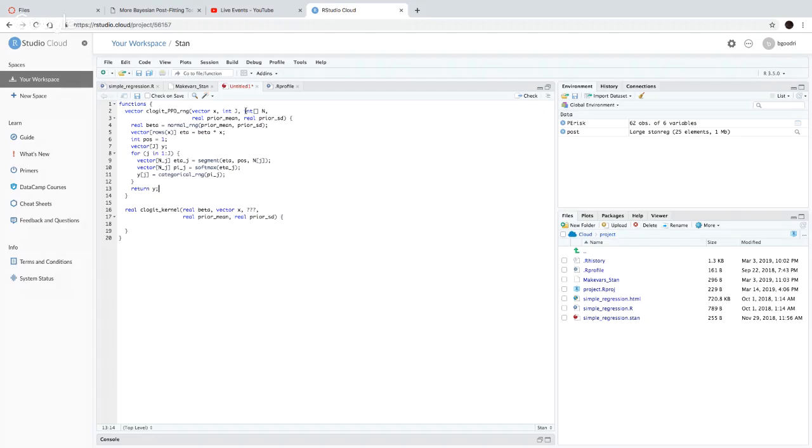And you can do either one from a Bayesian perspective as well.